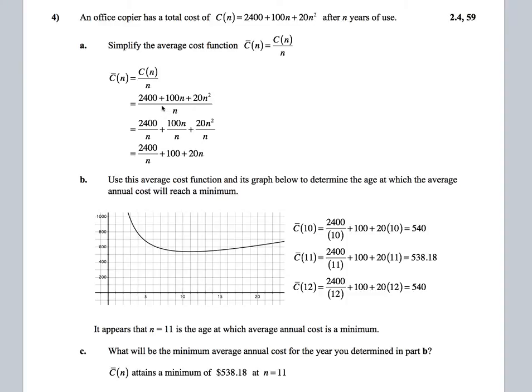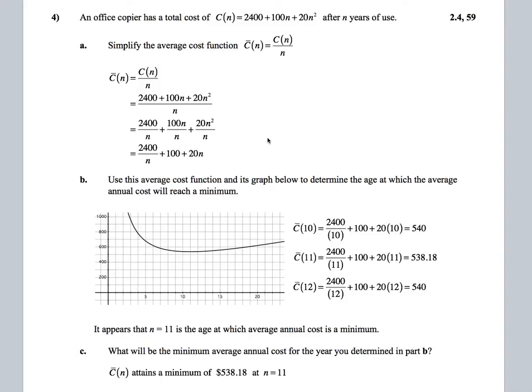Simplify this function by breaking it into three separate fractions. And 2400 over n can't be simplified any farther, so that one is as good as it gets. 100 over n, though, simplifies as 100 because the n's cancel, and 20n squared simplifies as 20n because one of these n's cancels with this n here.